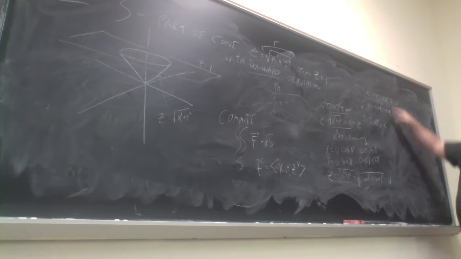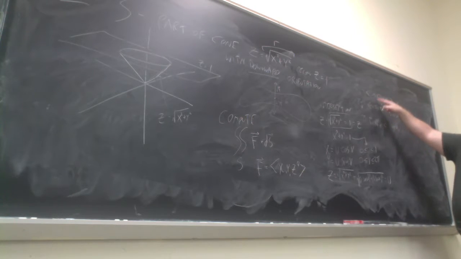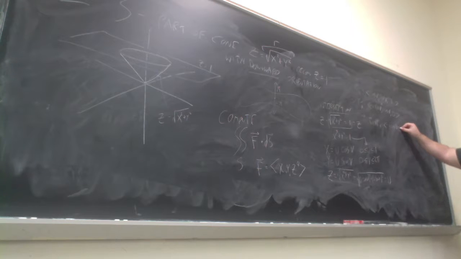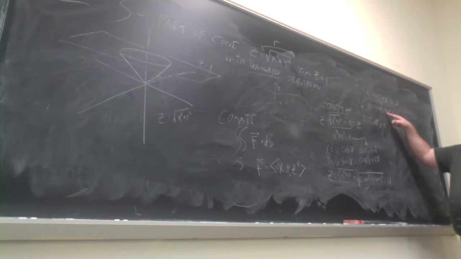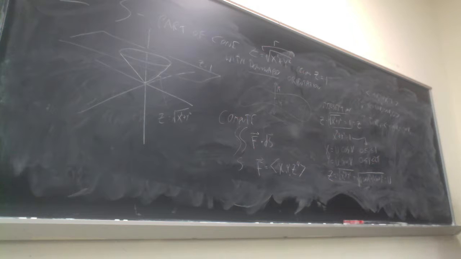So we take sine v times 0 minus u cosine v times 1. Then 1 times minus u sine v minus cosine v times 0. So that's minus u sine v. And finally we have u cosine squared plus u sine squared. You simplify all that, and what you get is u.